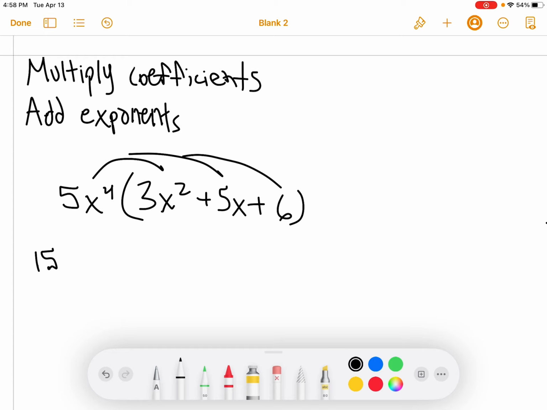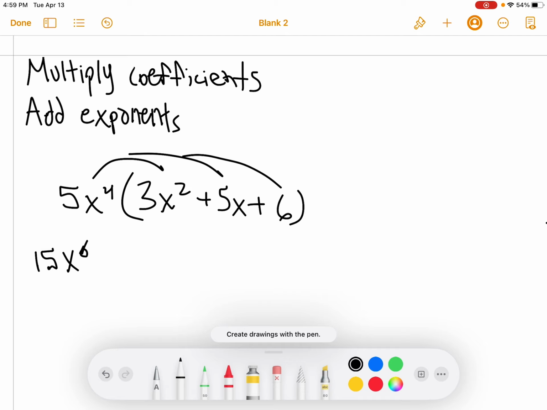Then you add the exponents of the x's. We have 4 and 2, so that means it's x to the 6th. You might accidentally think x to the 8th. Don't do that. That would only be if you were raising a power to a power, then you would multiply the exponents, but that's not what we're doing.